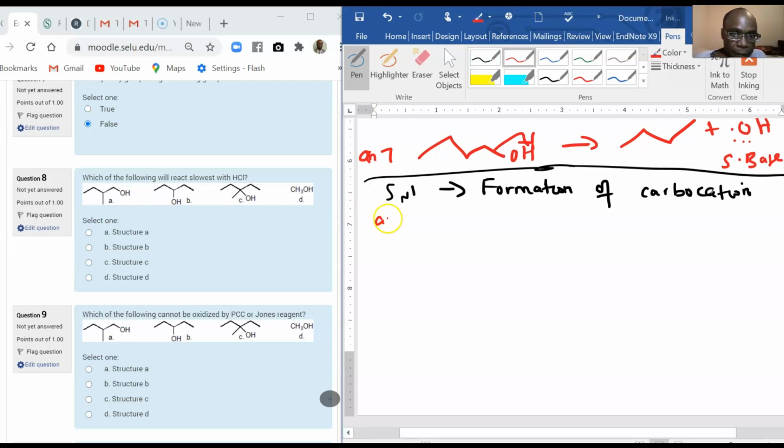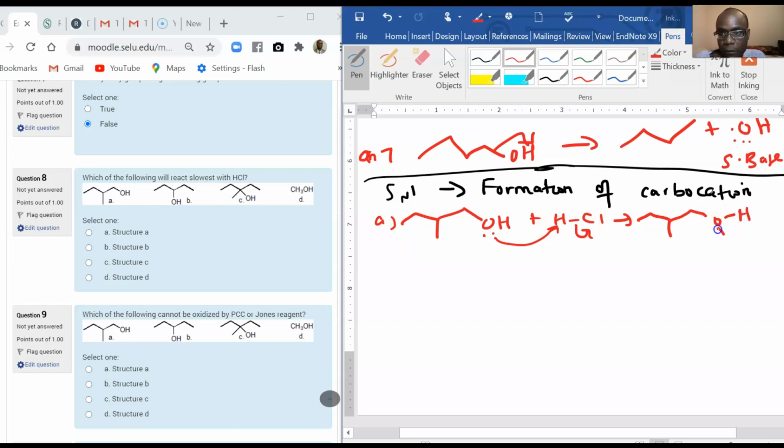Now, for the structure A, if you have to lose the OH, OH is a poor leaving group, so you'll have to take advantage of the acid to protonate the OH so that it can leave as water and not OH minus, because we just said OH minus is a poor leaving group.